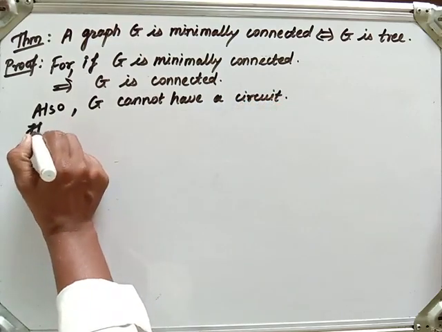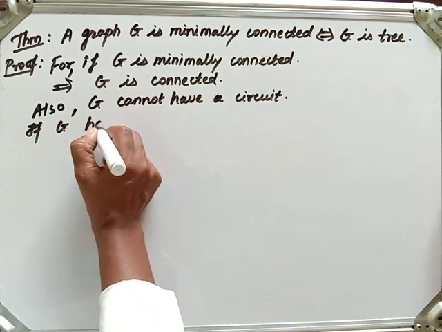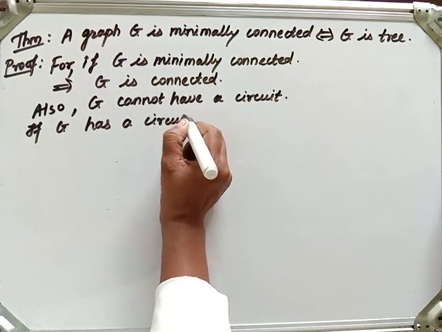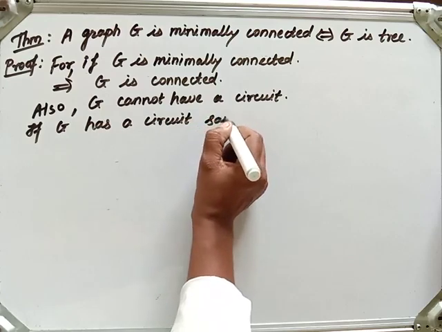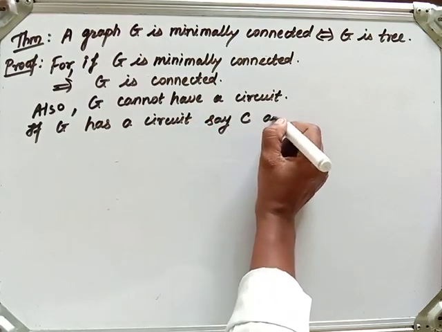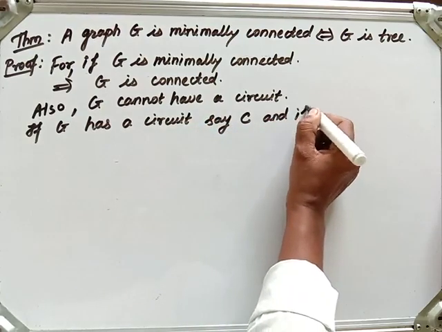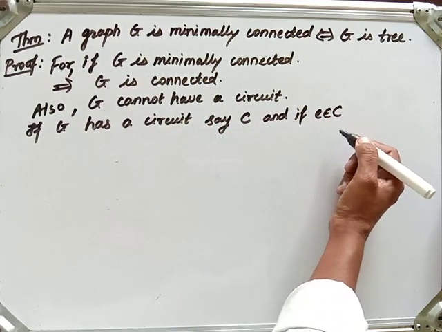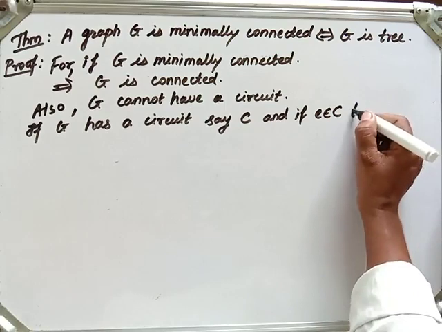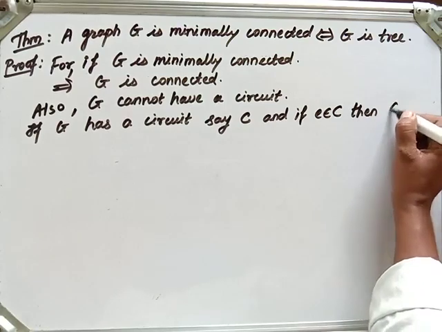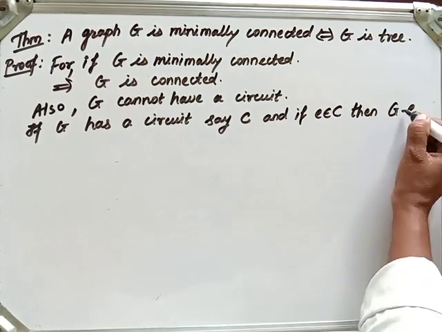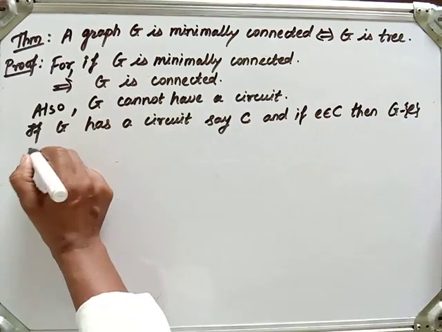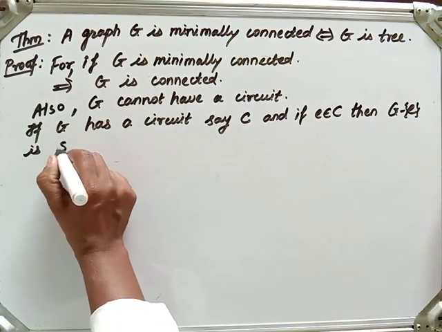If G has a circuit, say C, and if e belongs to C, then G minus e is still connected.